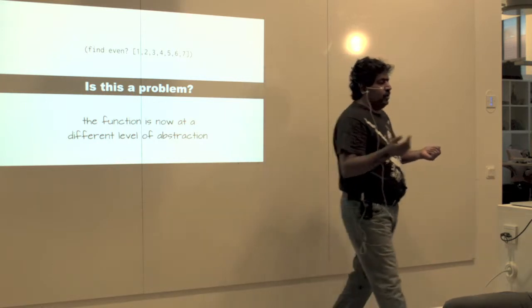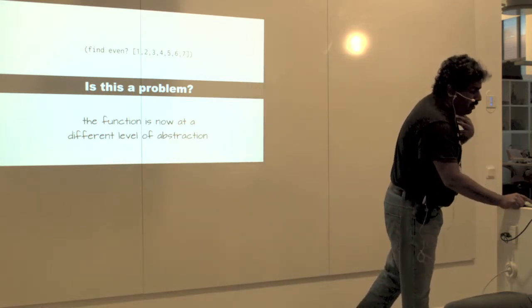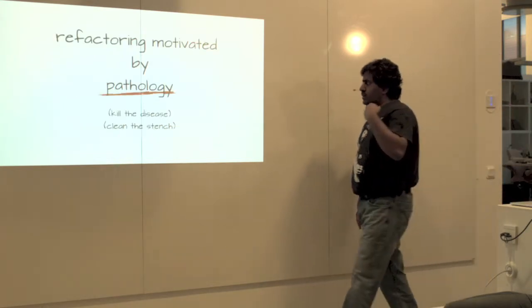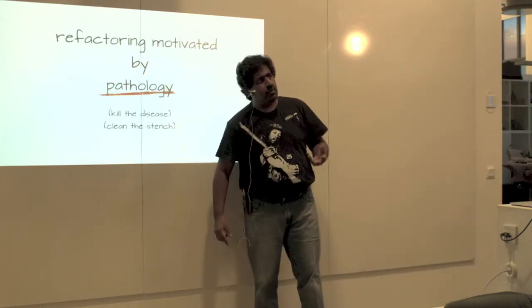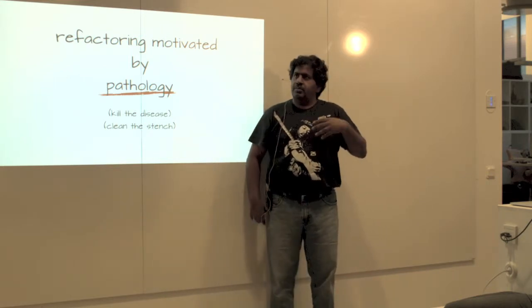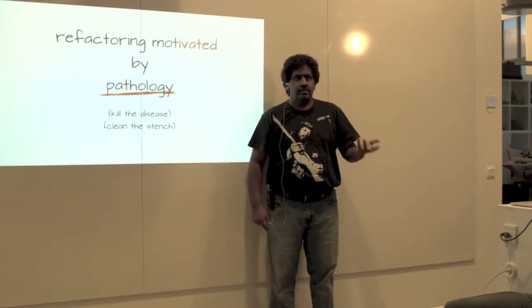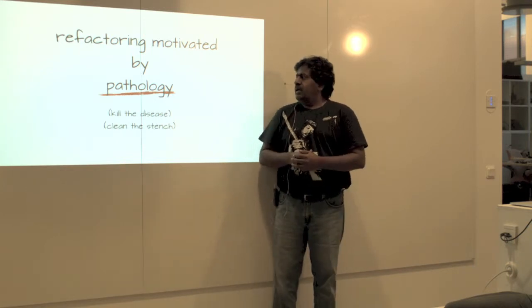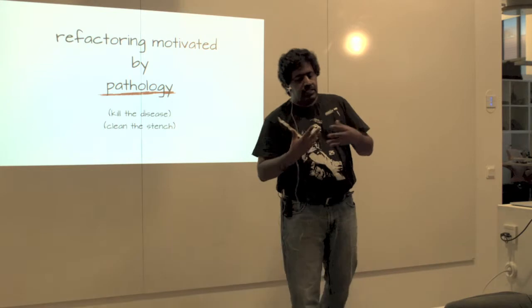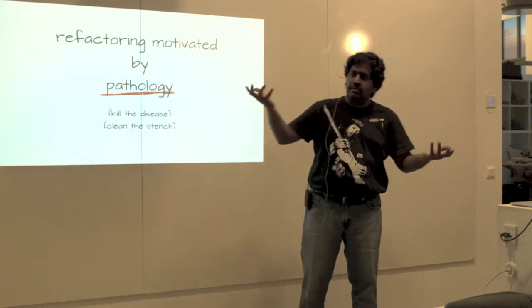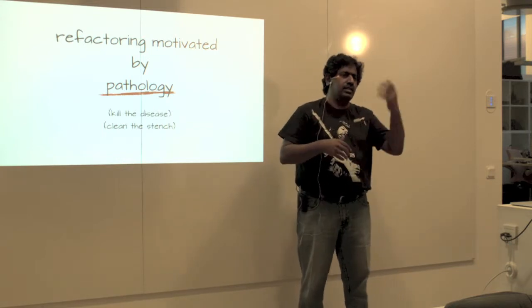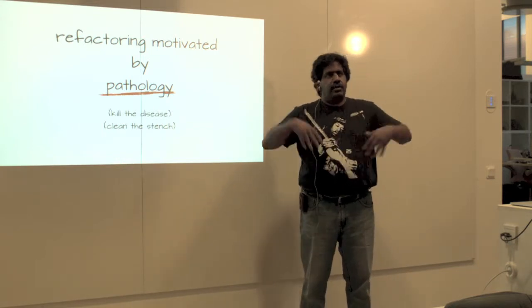And what I found in the way that I work is that I call it a pathological approach to refactoring. Pathology is the study of disease, right? Of diseased cells, basically. When I first started doing software development, I read Martin Fowler's book on refactoring, and then Clean Code by Robert Martin, and a whole bunch of other books, and you feel really empowered.